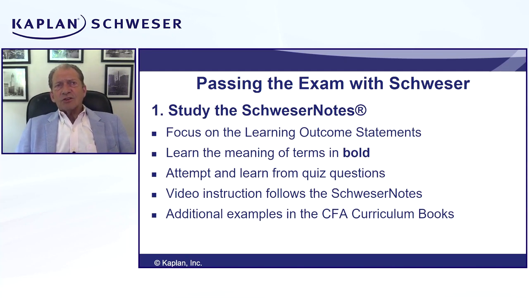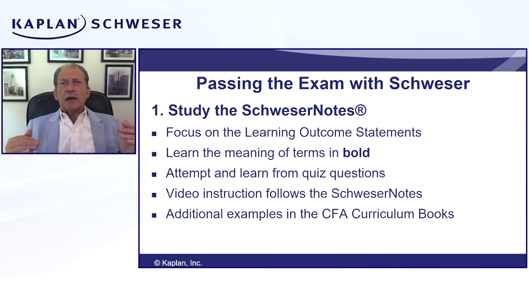So now let's go through some steps to passing the exam. I'm going to talk about the study program with Schweser and how the various Schweser materials, at least the key materials, work. We've got some other things, flashcards and audio tapes and things that people use, but that's kind of supplemental to the core program. And so this all starts out with the SchweserNotes. The SchweserNotes are our distillation of the knowledge and skills required by the learning outcome statements.